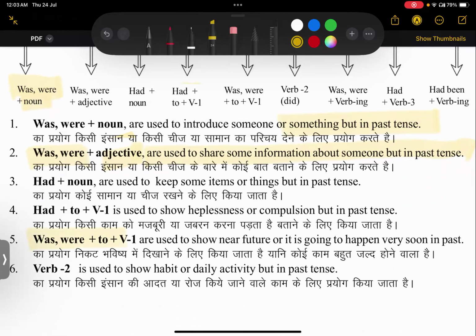So here is was verb plus infinitive, to plus verb in first form, infinitive. So we use had plus infinitive. This is used to show helplessness or compulsion, but in the past.